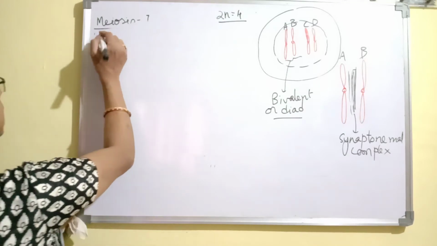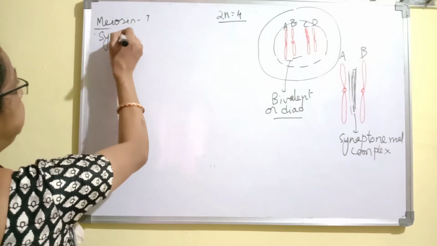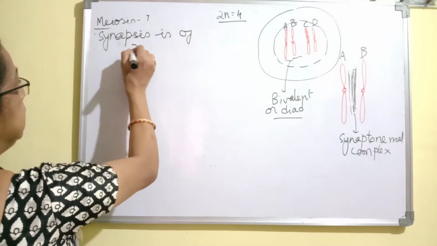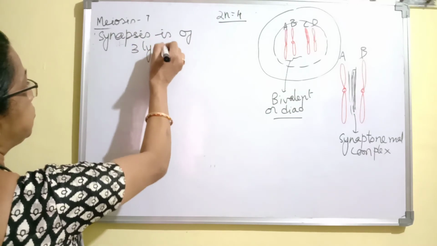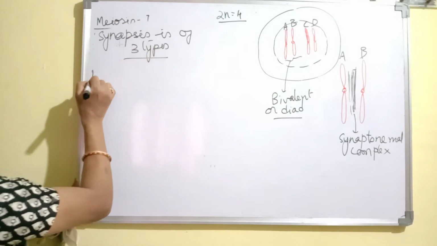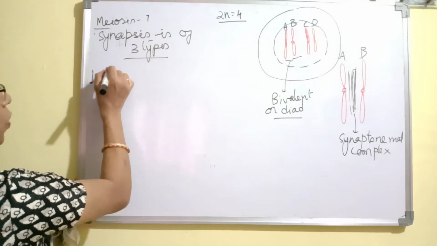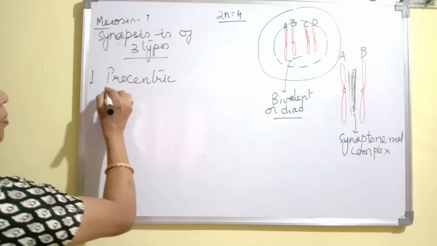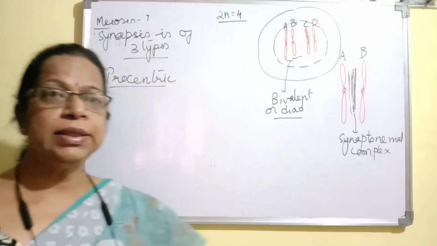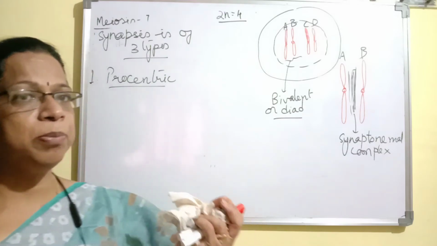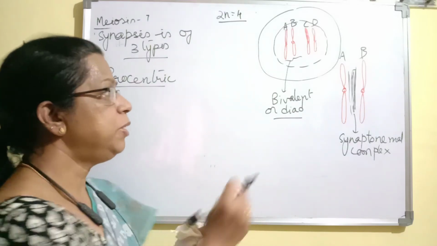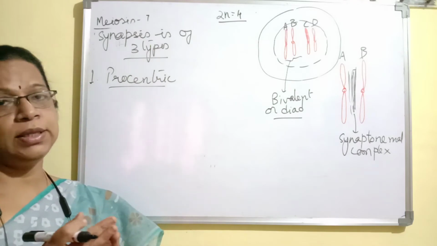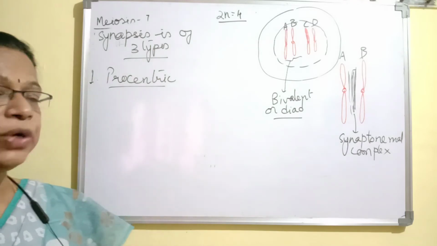The first type is called procentric, that is, synapsis takes place with the help of centromeres. That means 2 centromeres will come together, and when they pair together, we call it procentric.